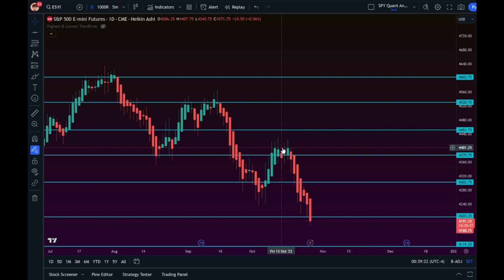So if you see here, this was a bearish ascending wick, right? And do you remember where we pull back to with the bearish ascending wick? It's the start of the uptrend.